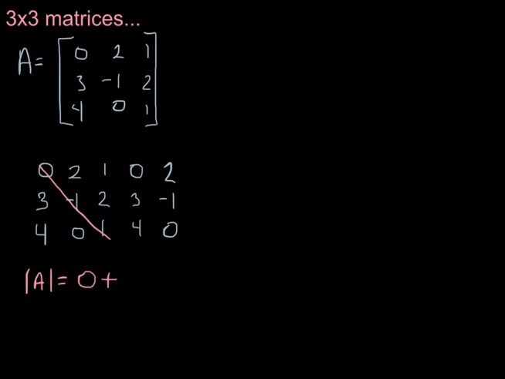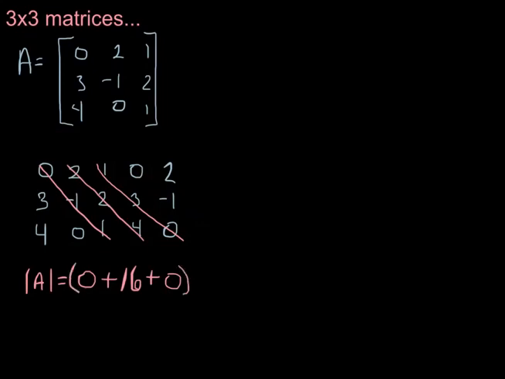The second diagonal, we've got 2 times 2 times 4, which is 16. And the last diagonal, we've got 1 times 3 times 0, which is another 0. Now notice after we find the product with all 3 of these that we've run out. There isn't another diagonal with 3 entries.